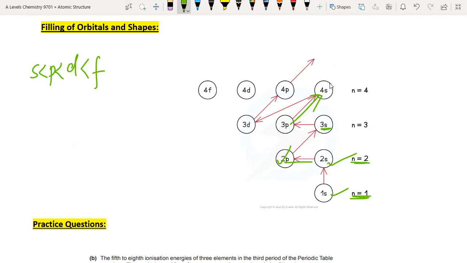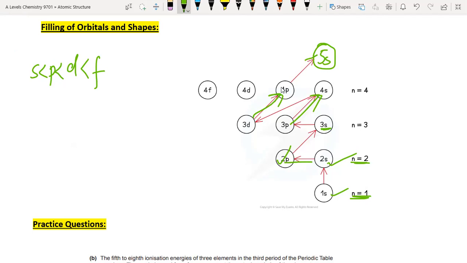S is at lower energy level than 3D, so 4s will be filled earlier than 3D. After 3D, 4p will be filled, then 5s, which we are not discussing anymore. Later on in our next lesson, we will discuss the electronic configuration of some elements and their exceptions.